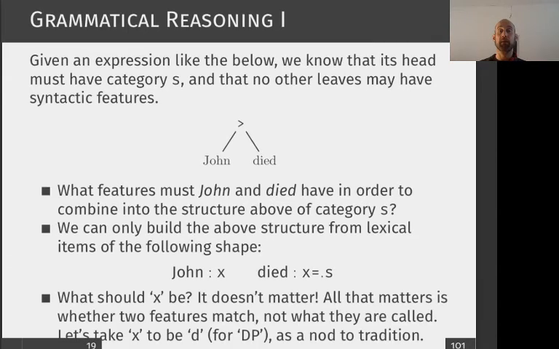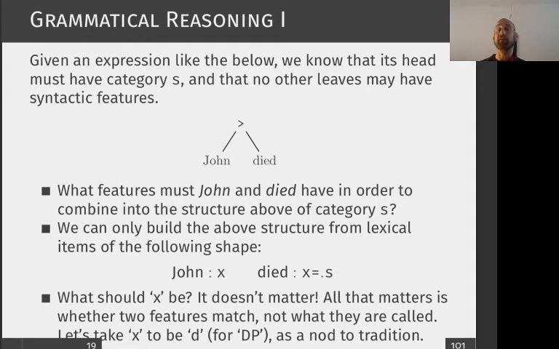But again, it doesn't really matter what name we choose for the feature that John and died share. I called it X there, I could call it Y, I could call it monkey, I could call it Bill. Doesn't matter. All that matters is that they match, not what they're called.